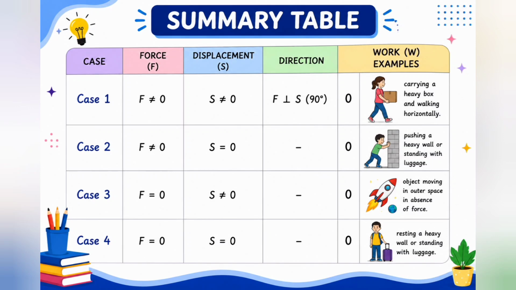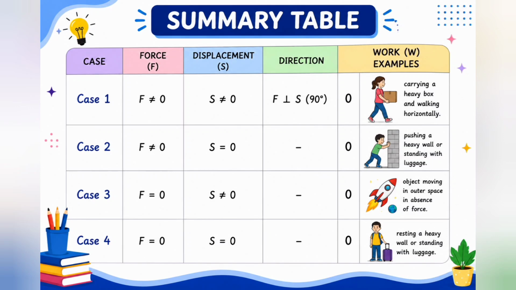Case 3, force is 0 but displacement is present, so work done equal to 0. Example, an object moving in outer space without any force acting on it. Now case 4, force is 0 and displacement is also 0, so work done equal to 0. Example, a person standing still with luggage. These are the 4 important situations where work done is 0.